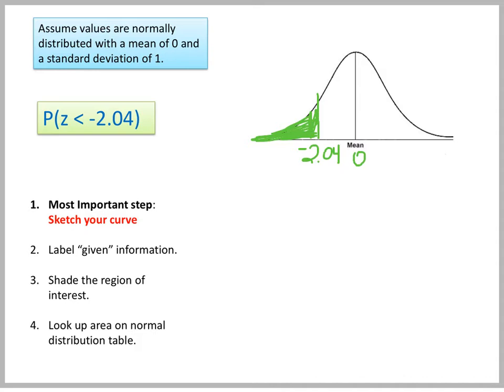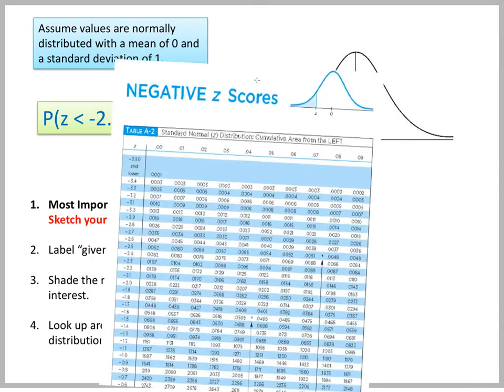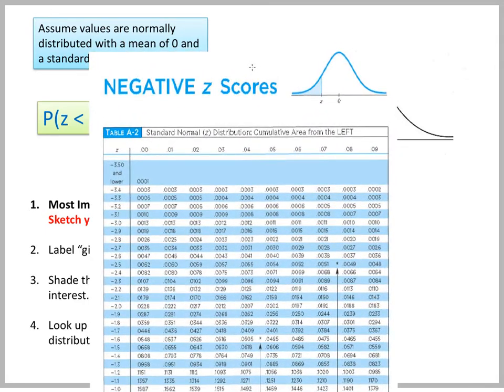So I need to get a normal distribution table on which I can look up the area. Let's take a look at this negative side of the z-score table. Look at the image that's at the top of this table and notice that it matches our image.